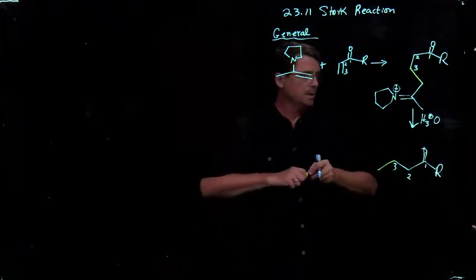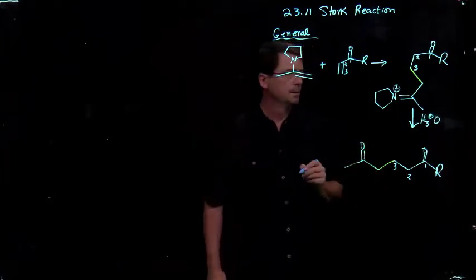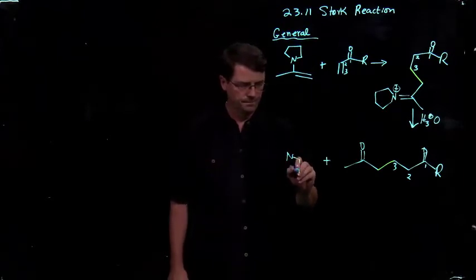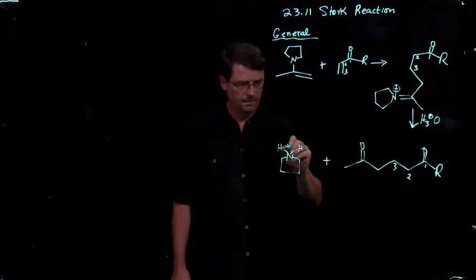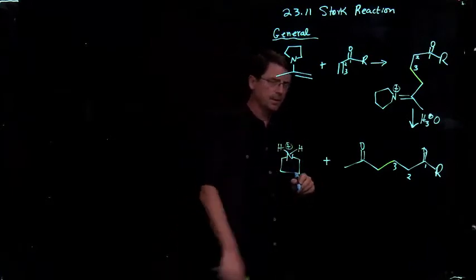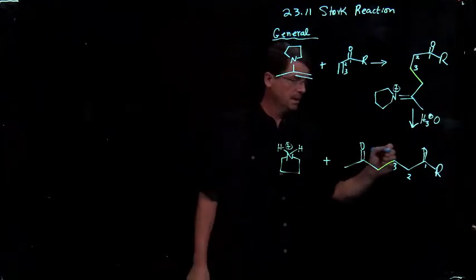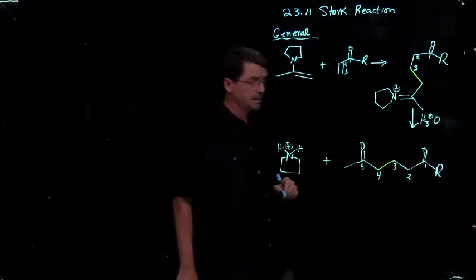There's our new bond. And there's the pyrrolidinium ion that, of course, can be precipitated out and recovered. And so we see this produce a 1,5-diketone.